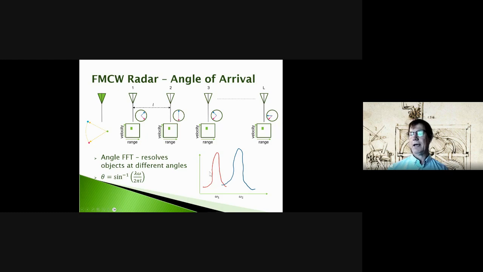We're calling them frequencies because it's related to how fast and in which direction these phasors are moving, but it's really the angle that we're looking at. Now we can relate these frequencies to our bearing. So we'll do this angle FFT.